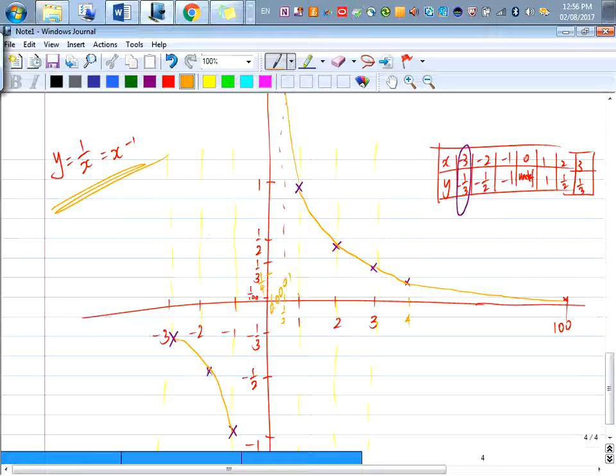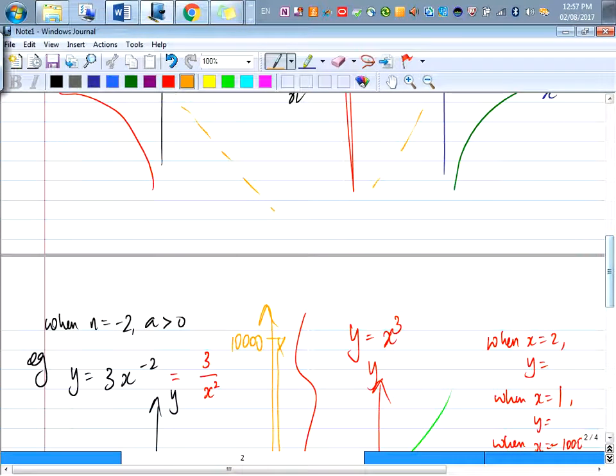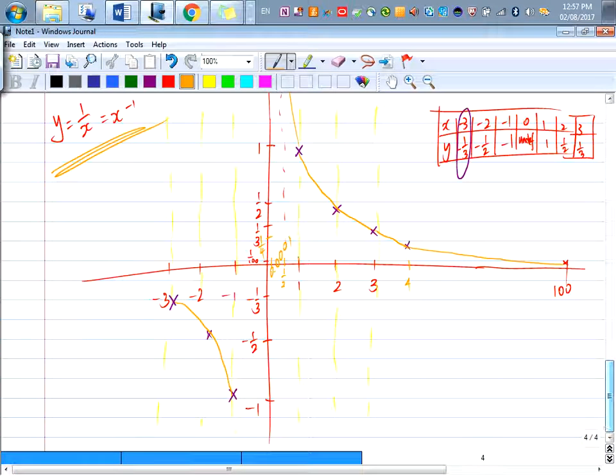What happens when x goes to 0? The value of y goes higher and higher, right? When your x goes to 0, your y goes higher and higher. Eventually, what is the term that we give this extremely large number? Yeah, infinity. We call it infinity. But for now, we just consider it as undefined. No, it cannot touch, because you cannot divide by 0.